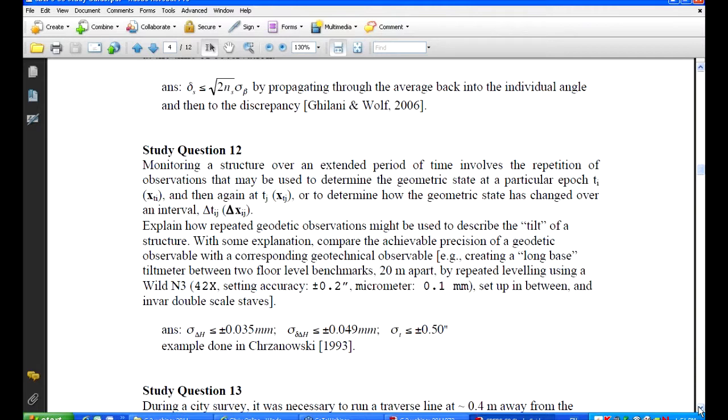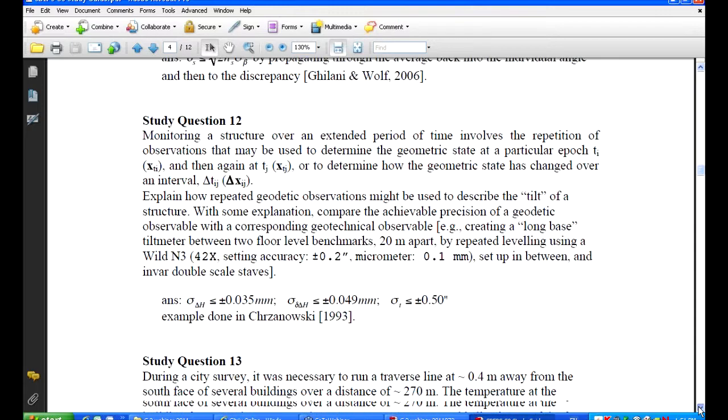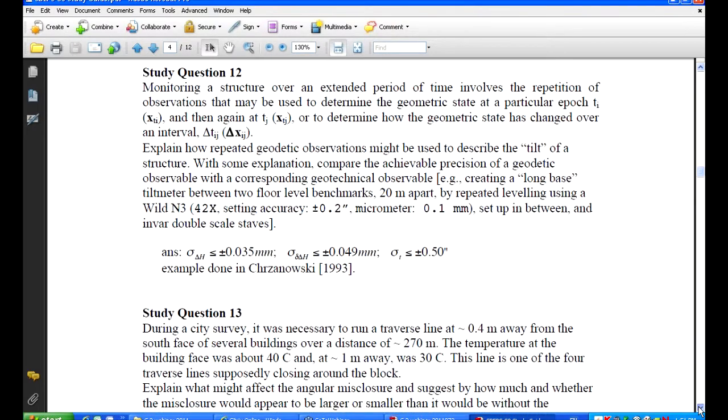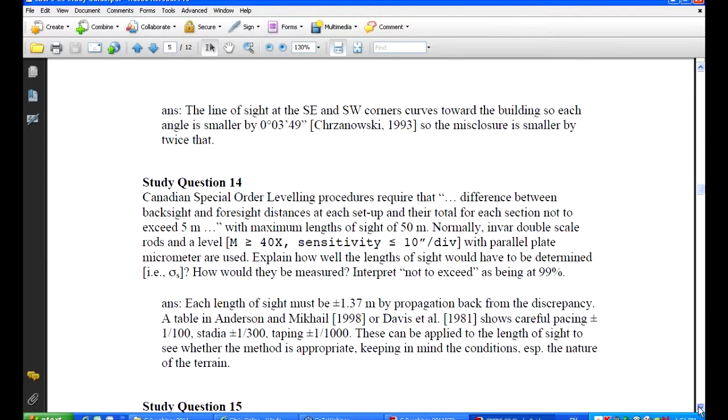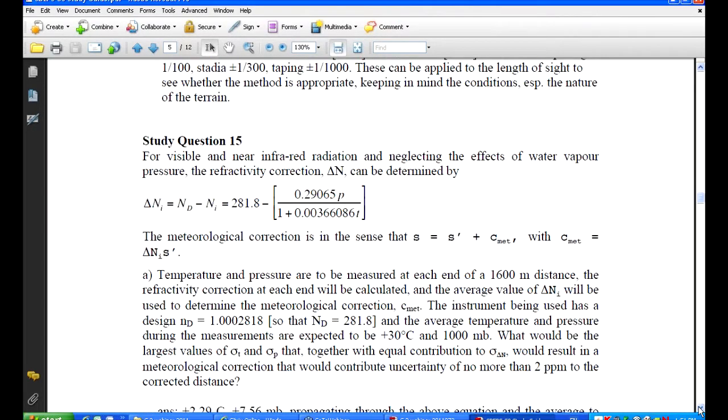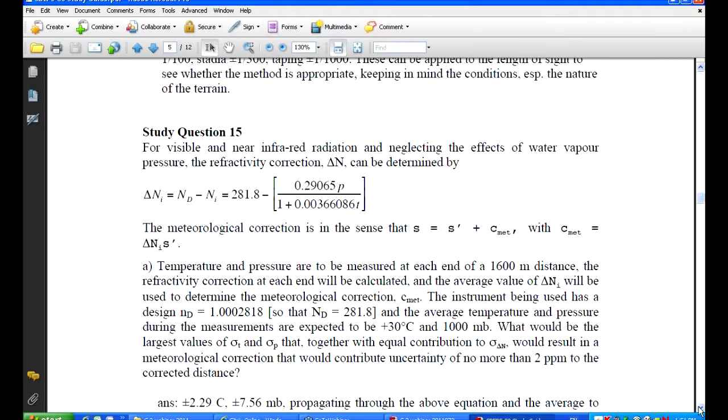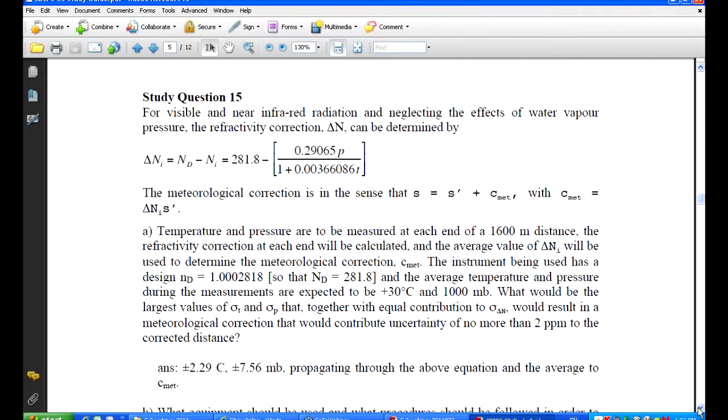And there was also a forum discussion on study question 15. And that's our friend, the refractive index, where that's a very familiar looking formula, and probably this was a better one to look at relating to the earlier study question.